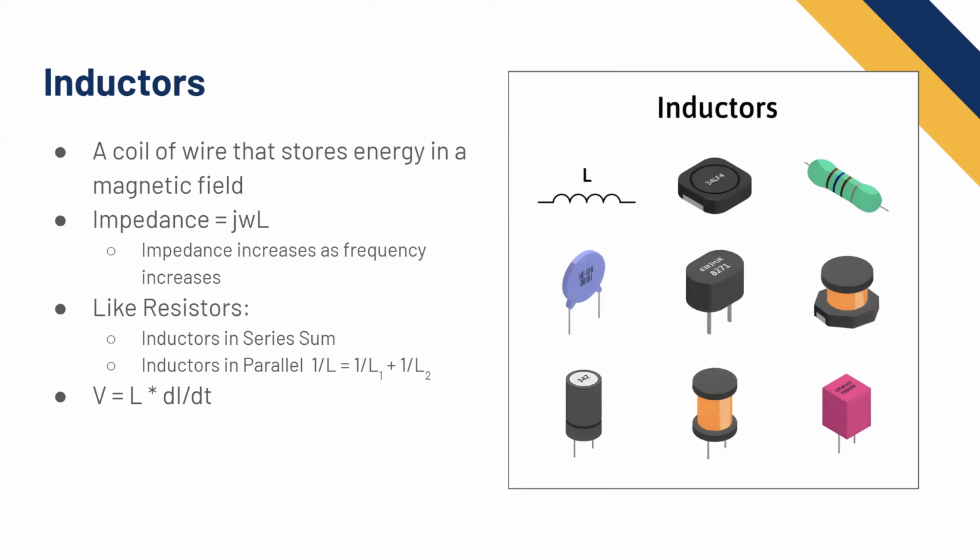We'll get into what that causes in a couple of slides, but the important thing to know is that it doesn't want the current inside of it to change, just like capacitors don't want the voltage on them to change. So you can't change the current instantaneously in an inductor, and you can't change the voltage in a capacitor instantaneously.